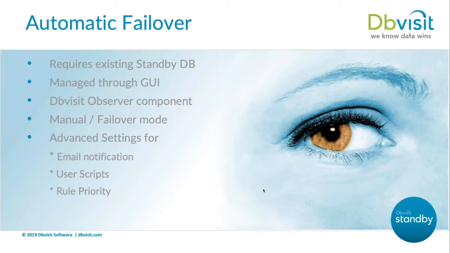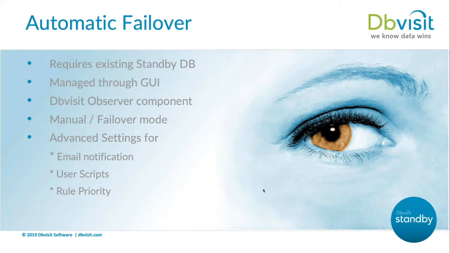First of all, this is a component that you will install additionally, and what it will do is it will monitor the health of your primary database based on certain rules and priorities that you've set. If it finds that it cannot communicate or connect to the primary based on those rules, it will start with the automatic failover process.